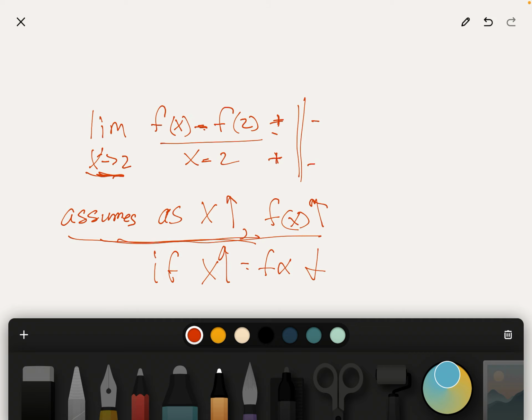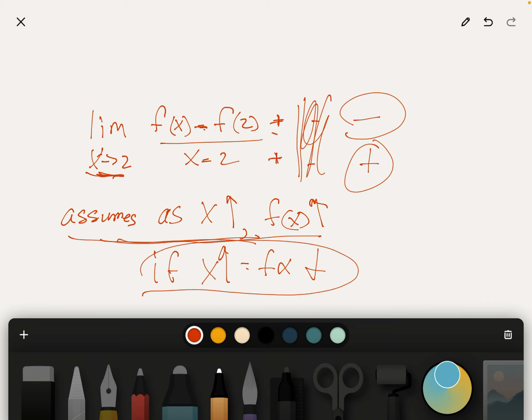It's just that f of x minus f of 2 is going to be negative as x approaches 2 from the positive side, and the denominator is going to be positive. And as x approaches 2 from the negative side, the numerator is going to be positive, but the denominator is going to be negative.